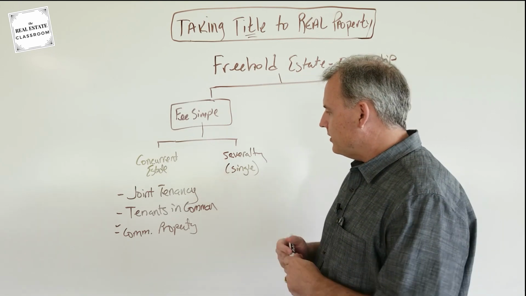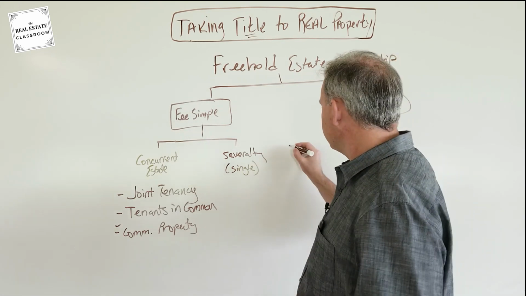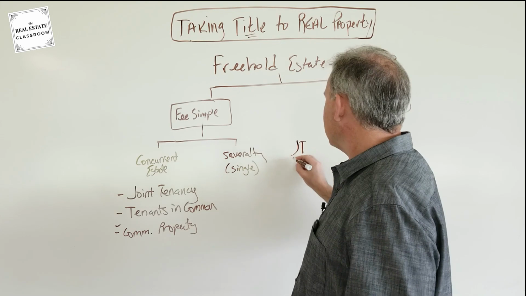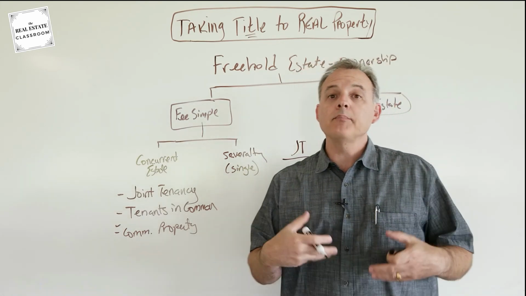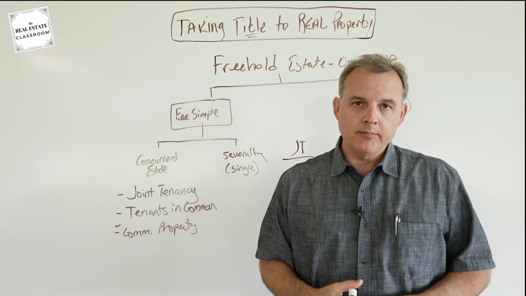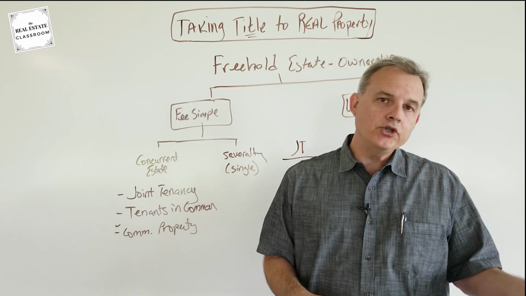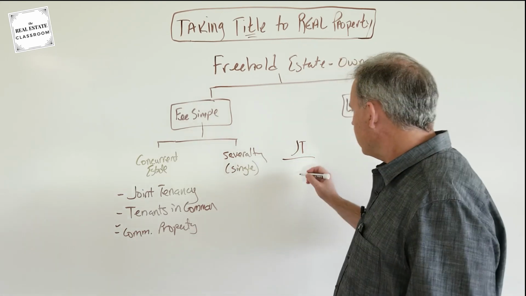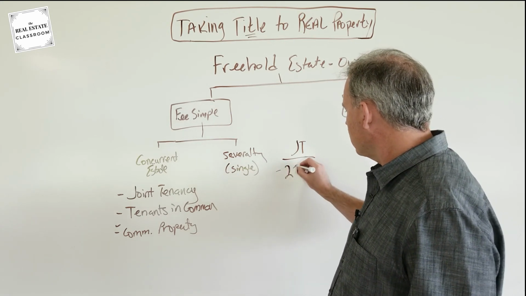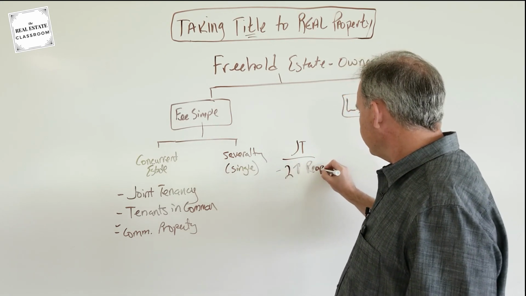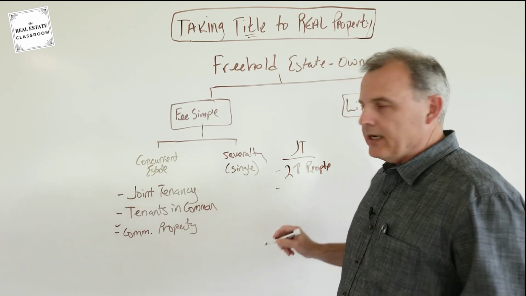So joint tenancy, the first one. Now, joint tenancy is typically, I should say, implemented by married couples because it does offer some protections for the joint tenant. Now, one requirement is there has to be 2 or more people to qualify. All right, 2 or more people.